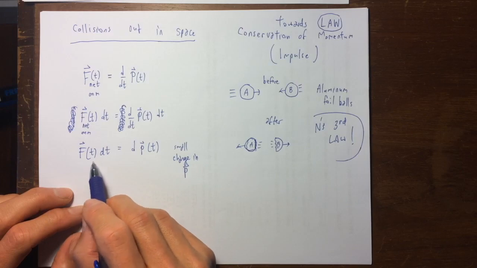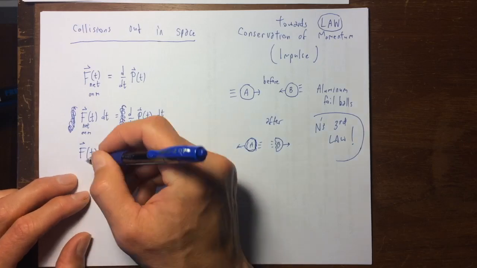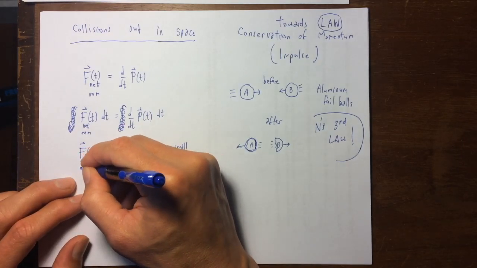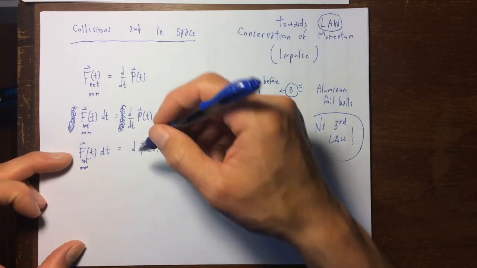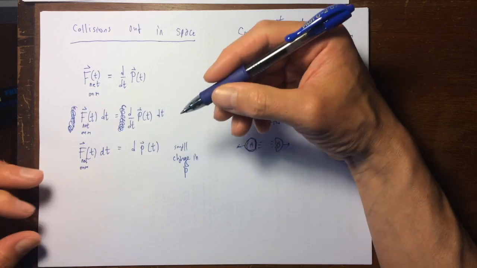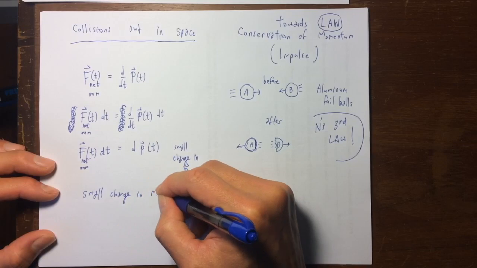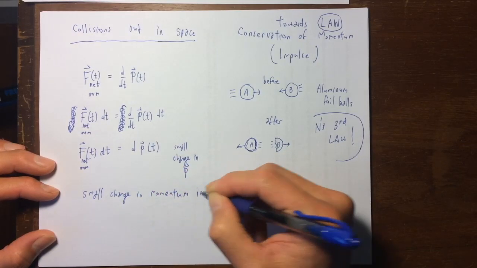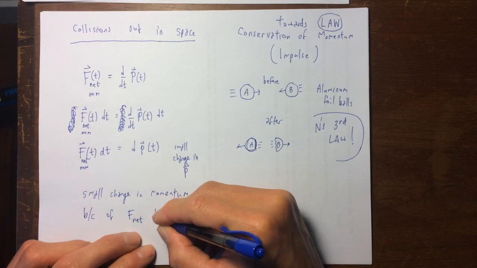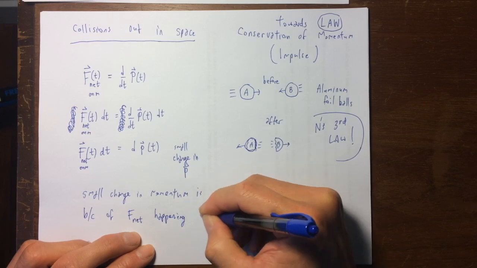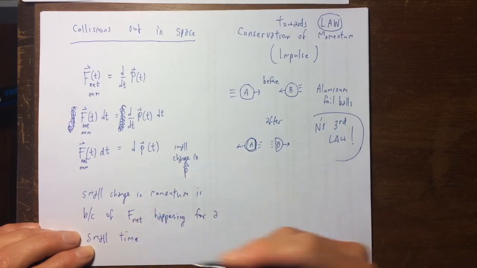And the idea is, if this force gets to act for that amount of time, then this net force acting on m, acting for this small amount of time, will cause or affect this small change in p. So the small change in momentum is because of f net happening for a small time.